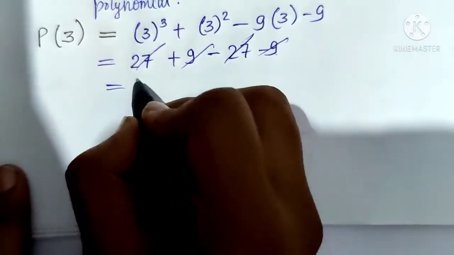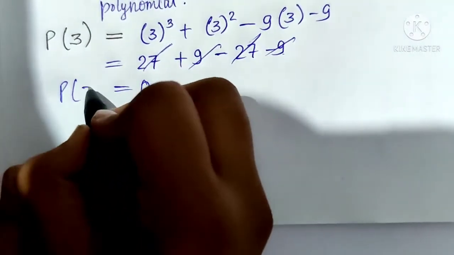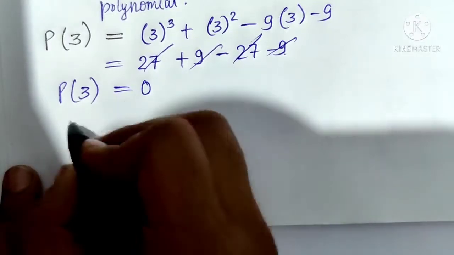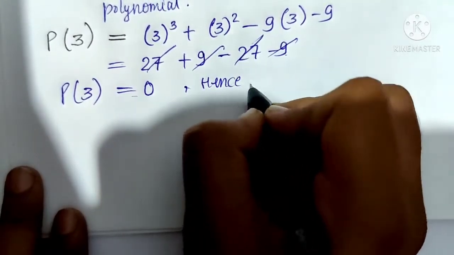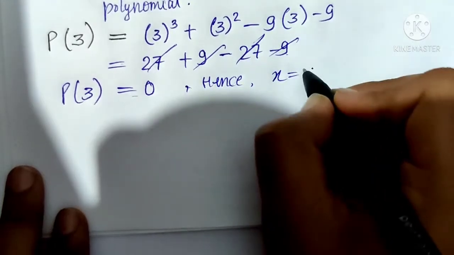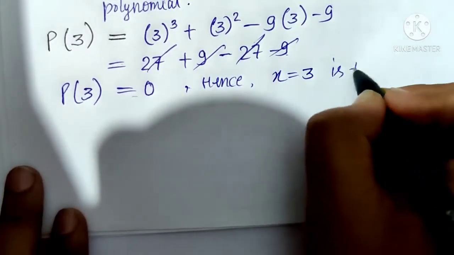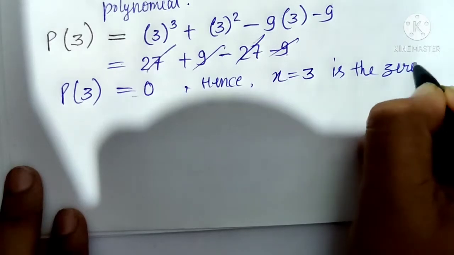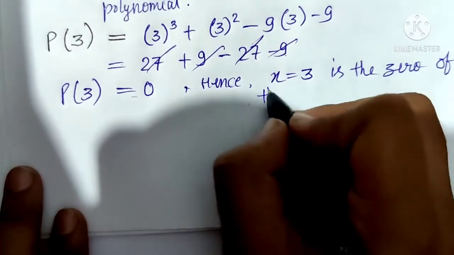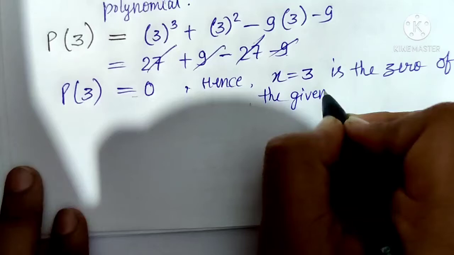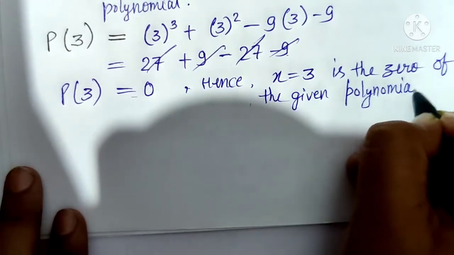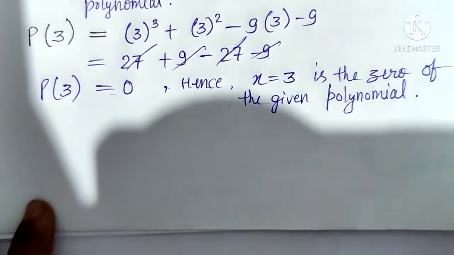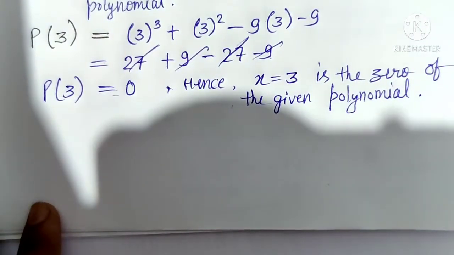So what is left? 0 only. So when we put 3 in place of x, it comes equal to 0. So we can say x equals 3 is a zero of the given polynomial. It means when we put it in place of x, the value comes 0. So x equals 3 is a zero of the polynomial.